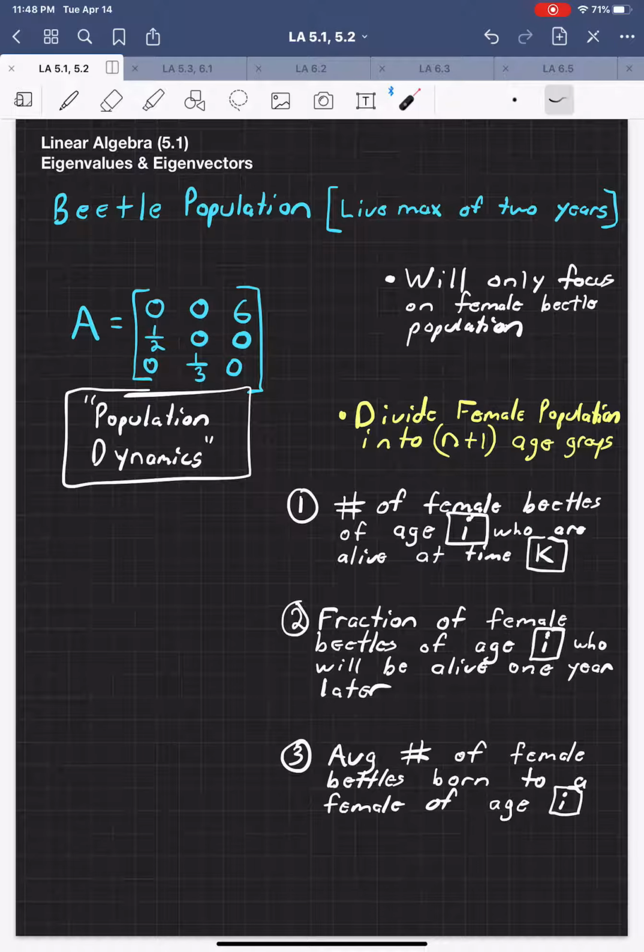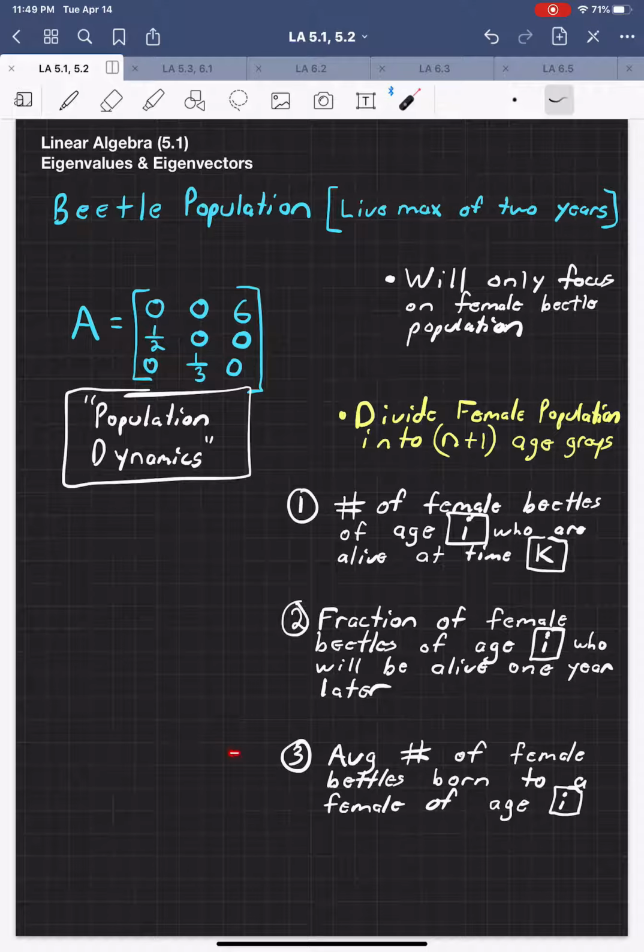Now, the next group is, what fraction of the female beetles of age i will be alive 1 year later? So if you found out that 25 of those 100 female beetles have an age of i, how many of those will be alive 1 year later? That's your second group.